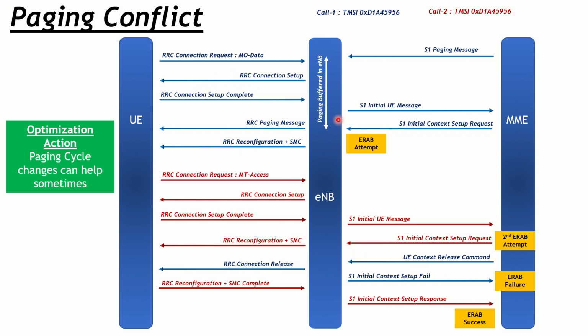So if you have an MME induced ERAB setup failure, and you want to find out whether it is induced by paging conflict, then the best way to do that is to check the RRC connection request type. If it is, let's say, MO data or MO signaling, or MO data mostly, and you see that it is failed by the MME, with a UE context release command by the MME, and then you see that for the same TMSI, the next RRC connection request is empty access, and that one is before the UE context release command of the first call log, then it is caused by a paging conflict, and this can actually be reduced if you have a smaller paging cycle.